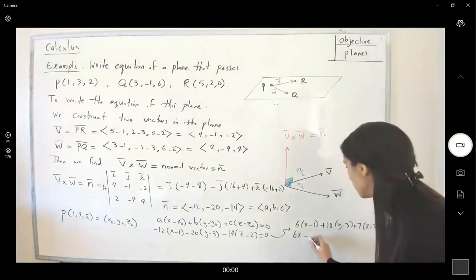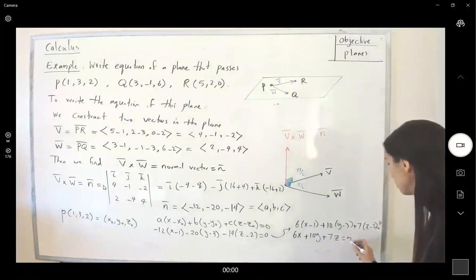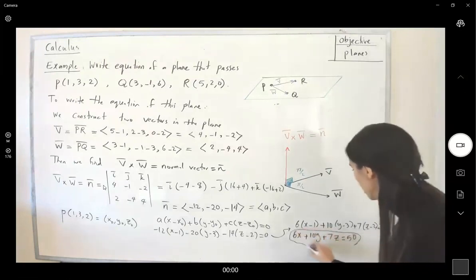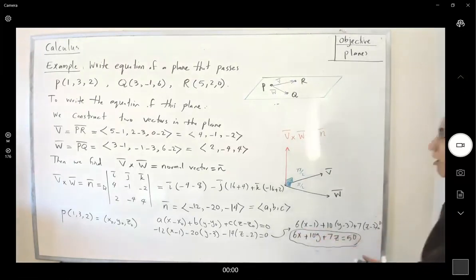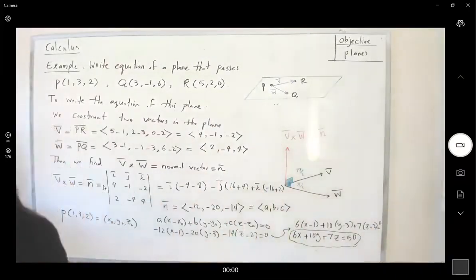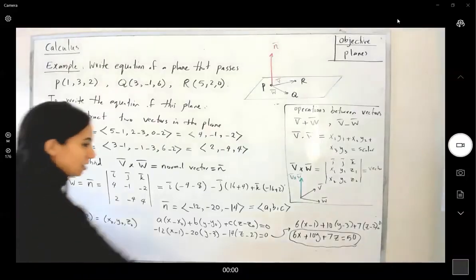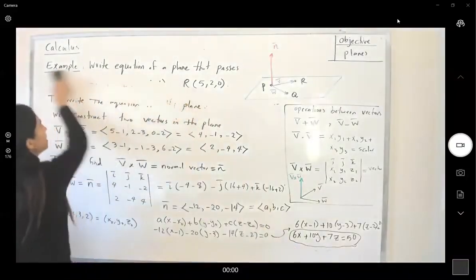So 6x plus 10y plus 7z is equal to 50. This is the equation of this plane. There you go.